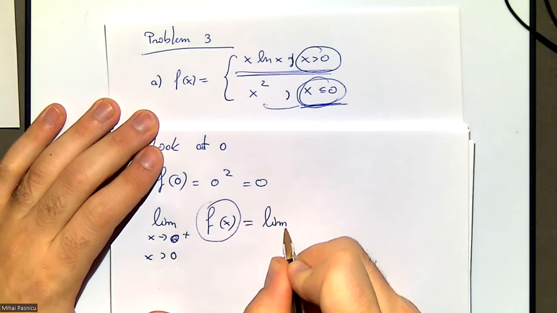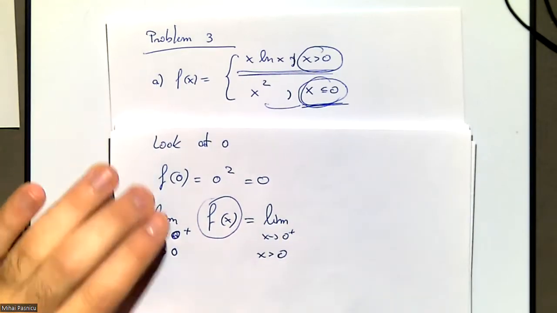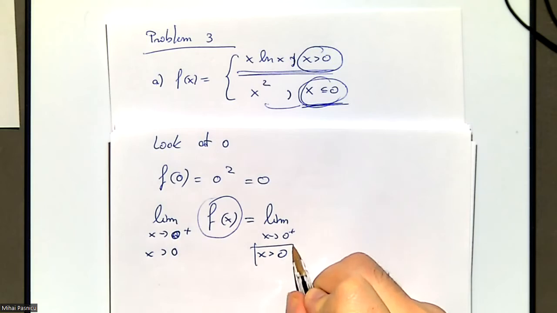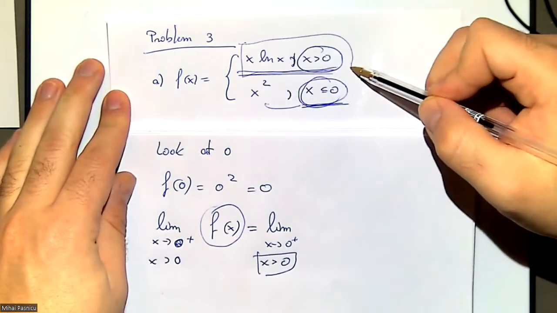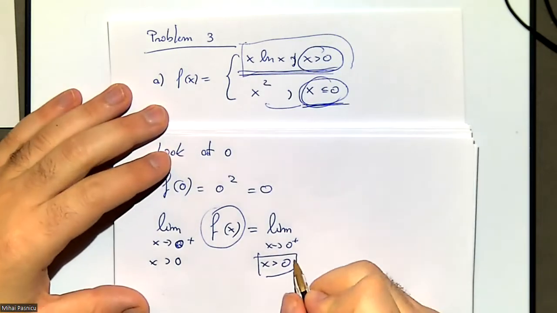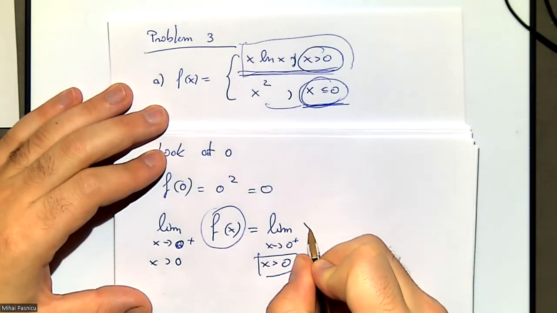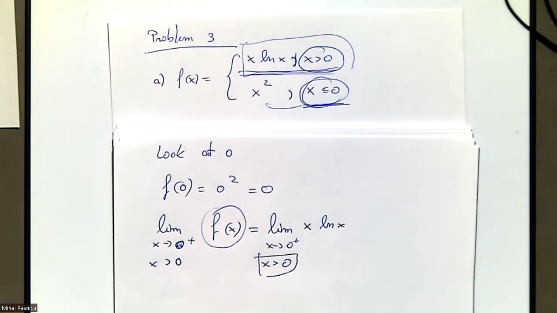So I'm going to copy the limit: limit x goes to 0 with a plus, x greater than 0. If x is greater than 0, then it means I am here. So it means I have to compute x ln of x as x goes to 0. Fair?